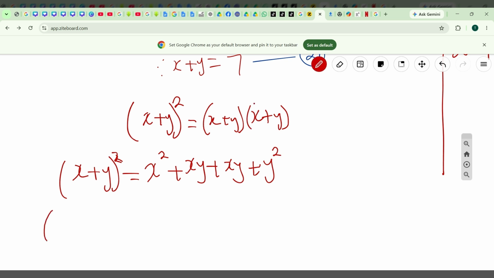So x plus y all squared is equal to x squared plus y squared plus 2xy.